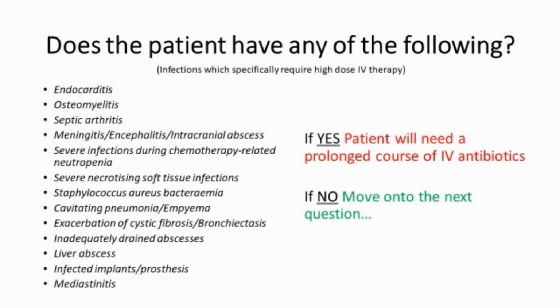Severe infections during chemotherapy-related neutropenia, severe necrotizing soft tissue infections, Staphylococcus aureus bacteremia, cavitating pneumonia, emphysema, exacerbation of cystic fibrosis, bronchiectasis, inadequately drained abscesses, liver abscess, infected implants or prosthesis, mediastinitis.